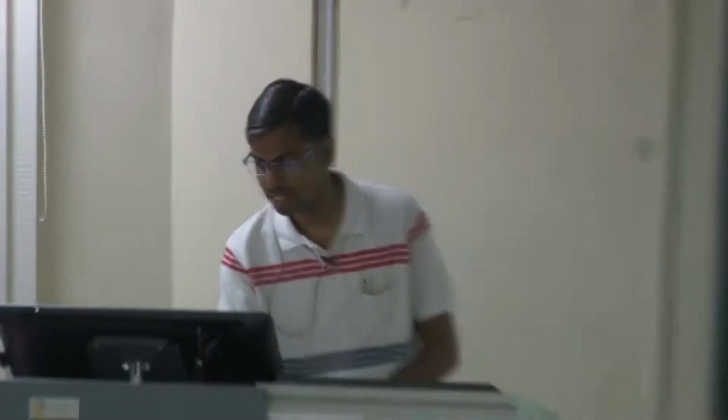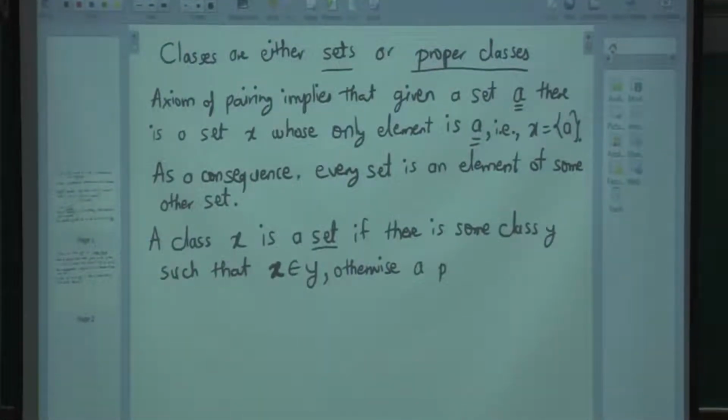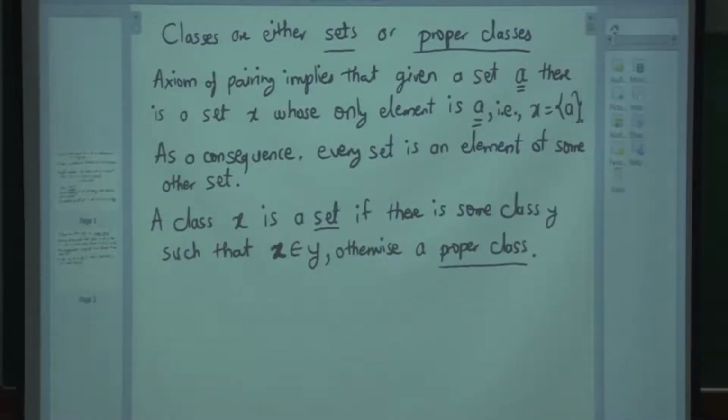Otherwise, it is called a proper class. So here Y will be a proper class or a set? Now that depends on Y. We are not saying anything about Y. We are just saying that X is a set if it is an element of some other class.